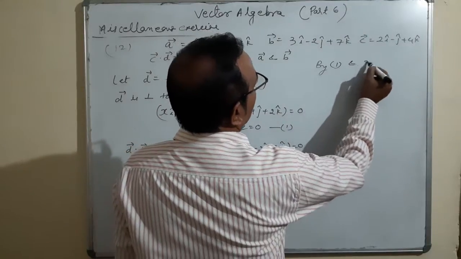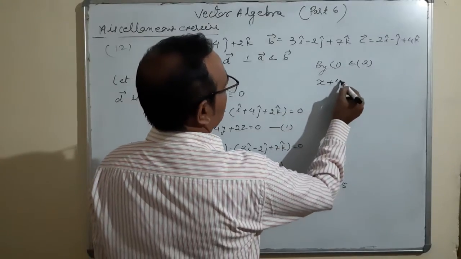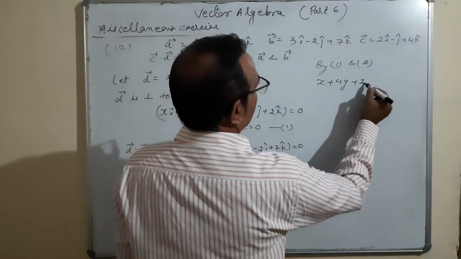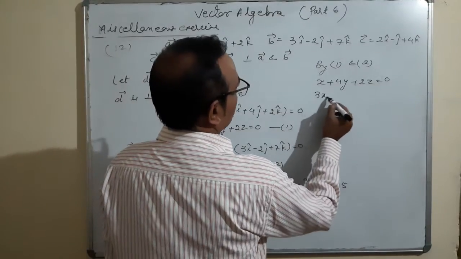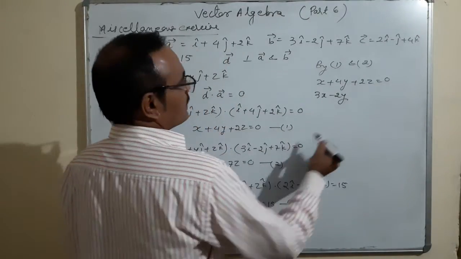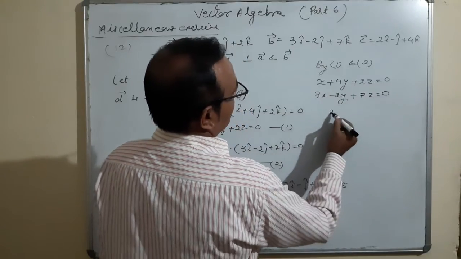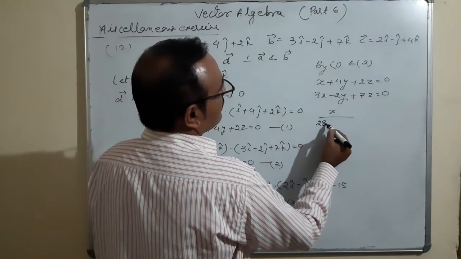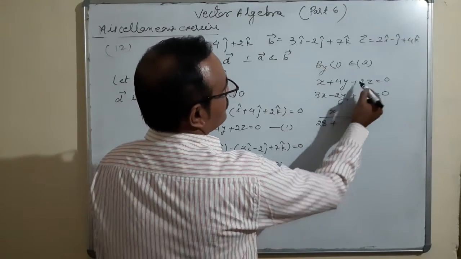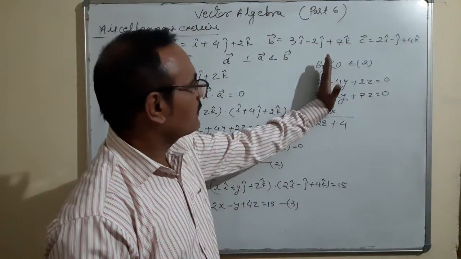Using equations 1 and 2. Equation number 1 is x plus 4y plus 2z is equal to 0. And here is 3x minus 2y plus 7z is equal to 0. Okay, so cross multiplication method, taking x: 7 times 4 is 28, minus minus plus, it is 2 times 2 is 4. Are you aware of that? When we are taking x, hide this part.